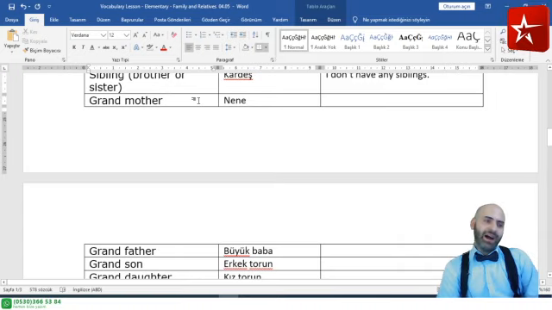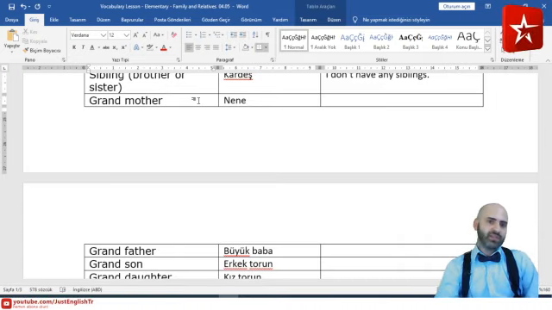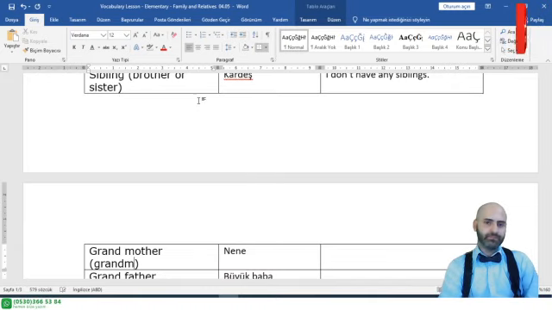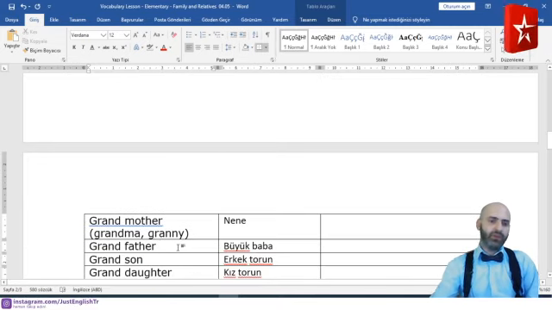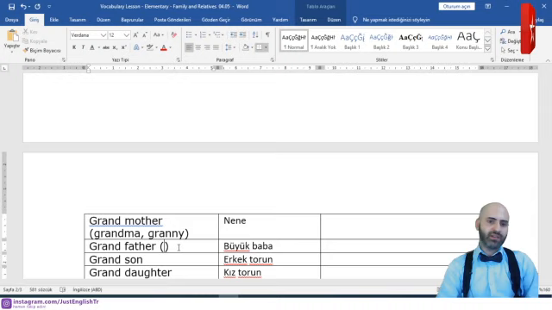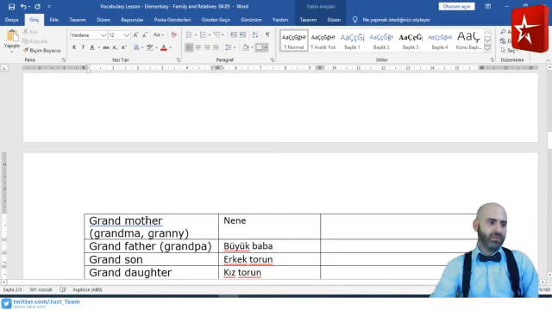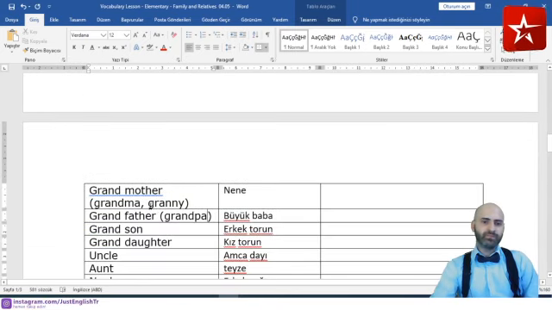We have some other words that we can use. Grandmother, we can say grandma. We can also say granny. And for grandfather, we can use grandpa. These ones are possible.